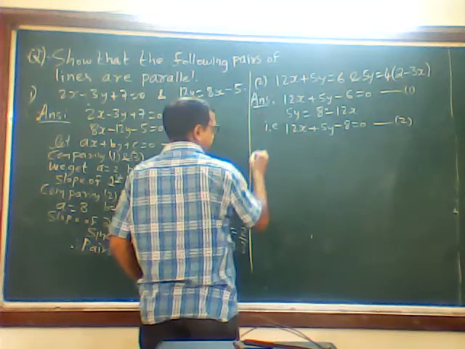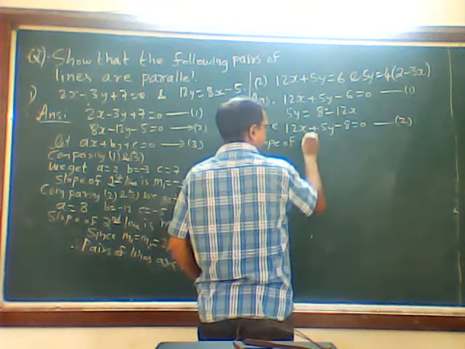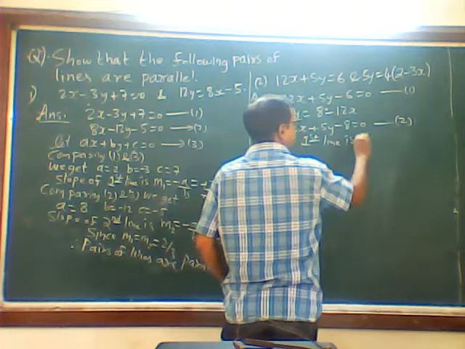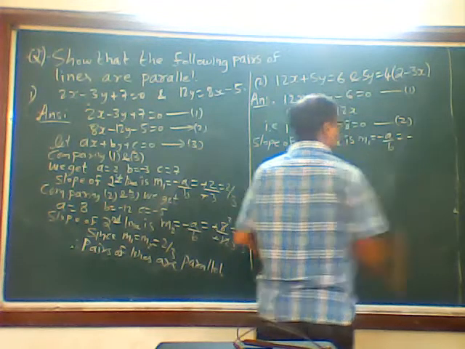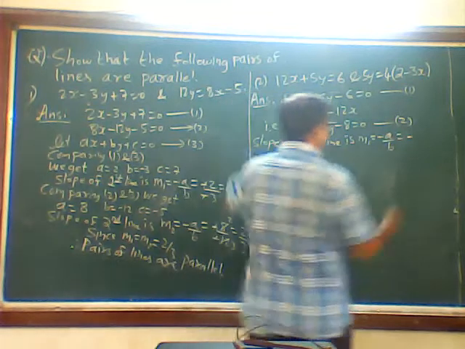Now I write directly the slope of the first line. Slope of the first line is m1 is equal to minus a upon b, is equal to minus, what is a here? 12, so 12 upon 5.